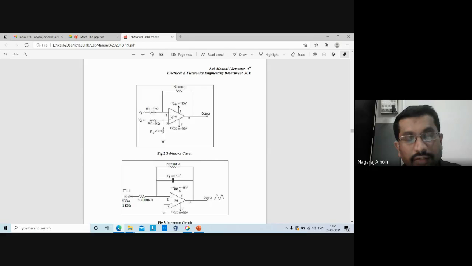To the negative terminal here we are applying V1, to the positive terminal we are applying V2. So what will be the output, whether it is V1 minus V2 or V2 minus V1? Can anybody guess? Output voltage is V1 minus V2 or V2 minus V1? Which is correct?